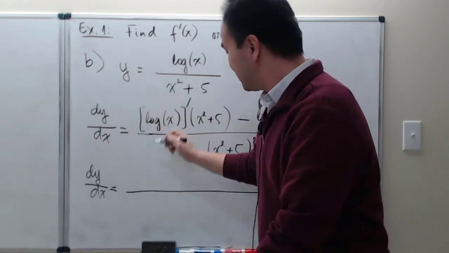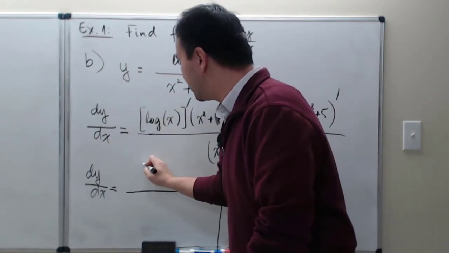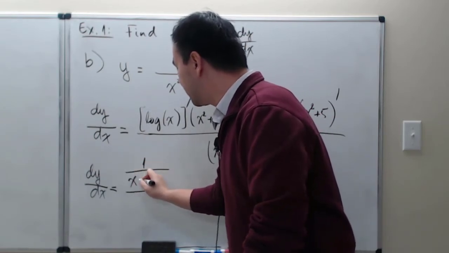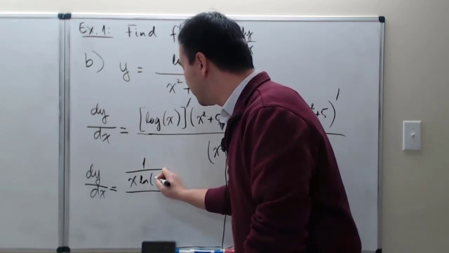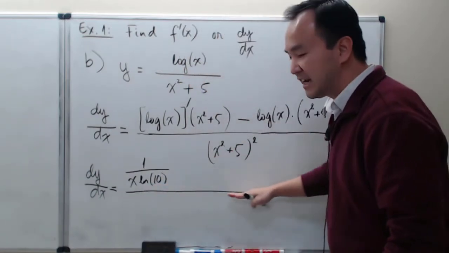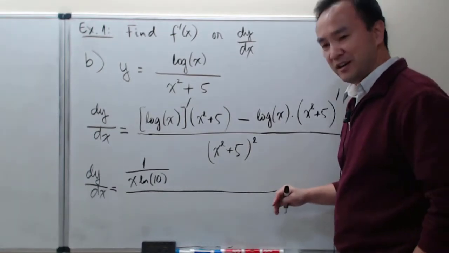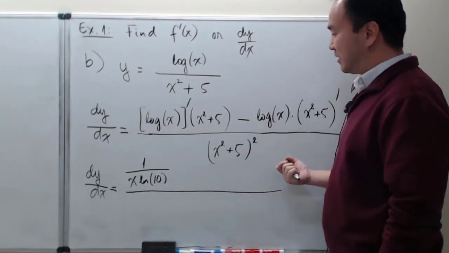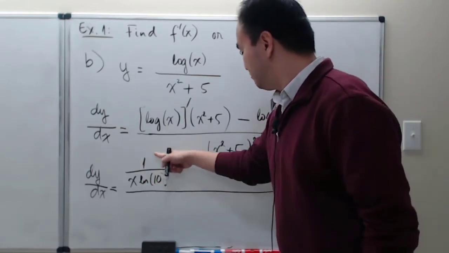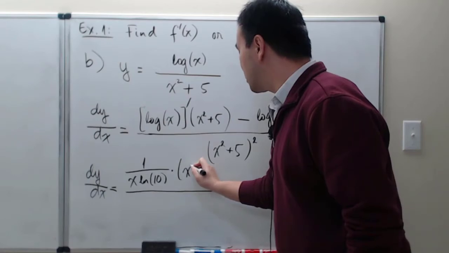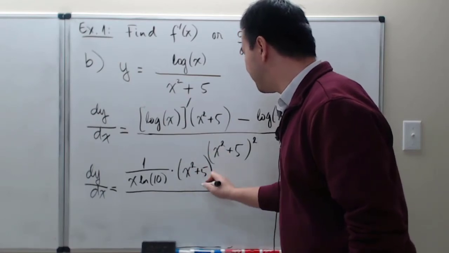So this is log base 10, so now our derivative directly becomes 1 over x, but multiplied with a natural log of 10. But we keep that as a little fraction, and here I already had a long fraction bar getting ready to complete my entire fraction that came straight out from the quotient rule. And now this fraction there needs to be multiplied with x squared plus 5.